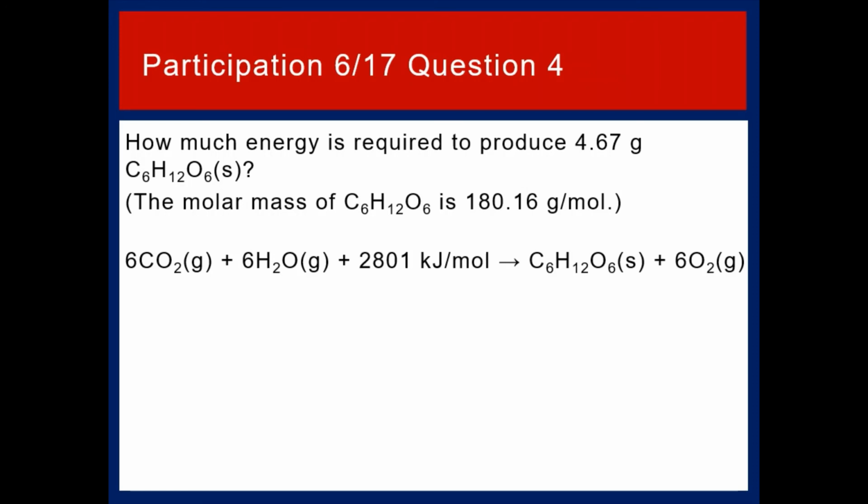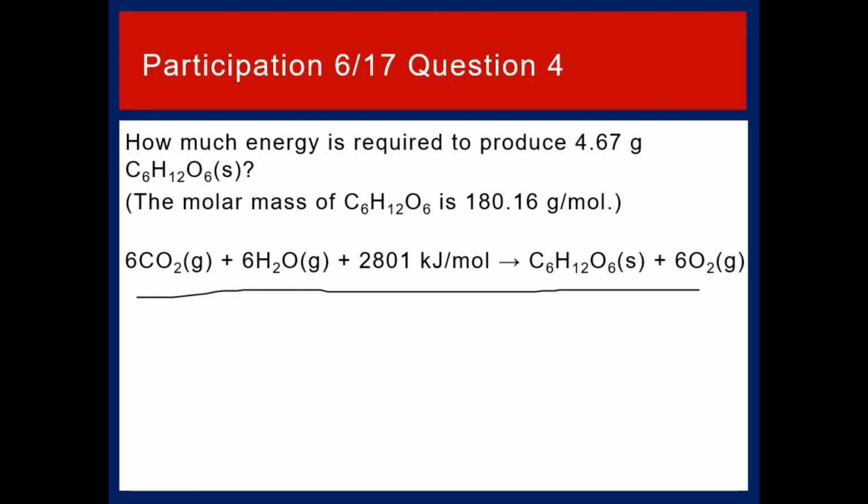Now it's your turn. Participation 617, question 4. How much energy is required to produce 4.67 grams of C6H12O6, which is also called glucose? The molar mass of C6H12O6 is 180.16. And then here is your chemical equation for the reaction where you're producing it.